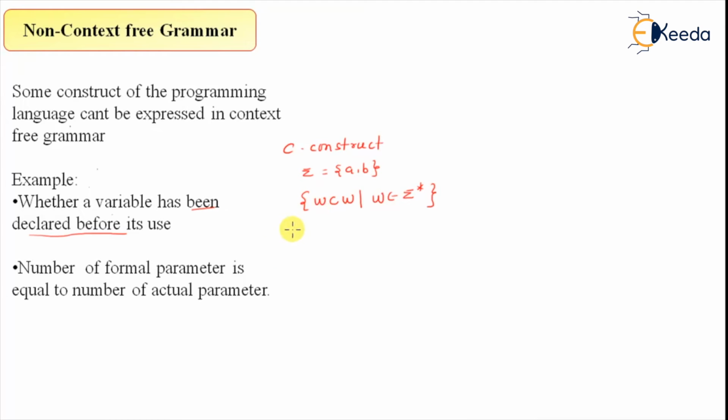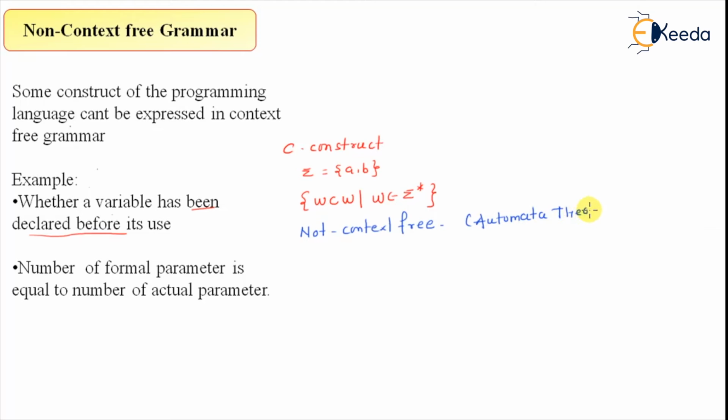And WCW is a non-context-free language. The reason why it is not context-free is very deep and requires a sound understanding of the concepts of automata theory. If you are familiar with that part, then definitely you'll understand.